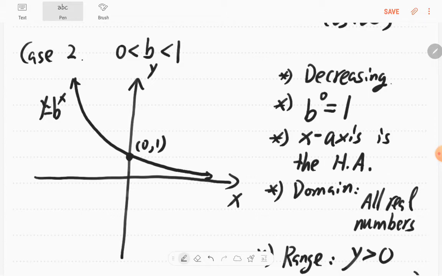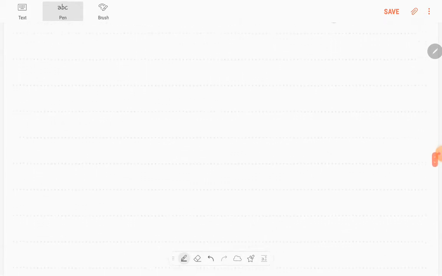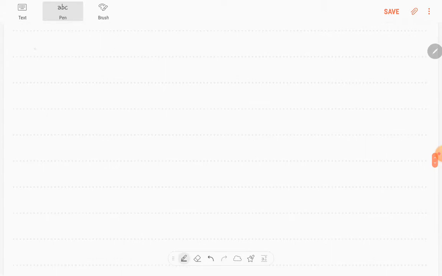So now let's look at some properties or calculation rules for the exponential functions. Properties. So we have some exponent properties. The first one, a to the x times a to the y.